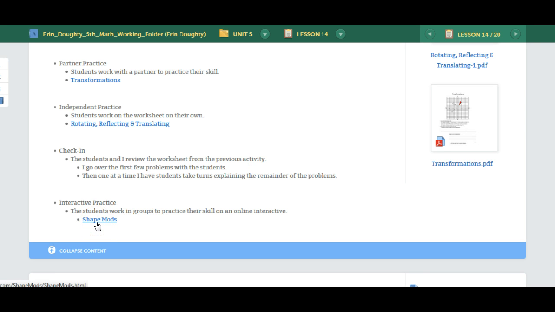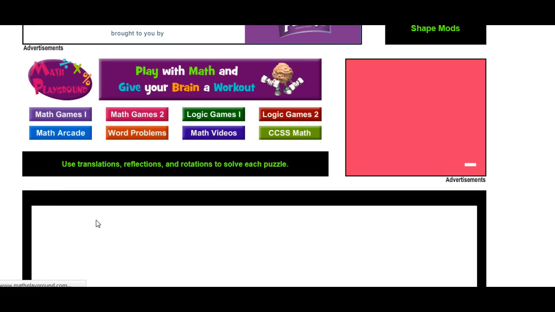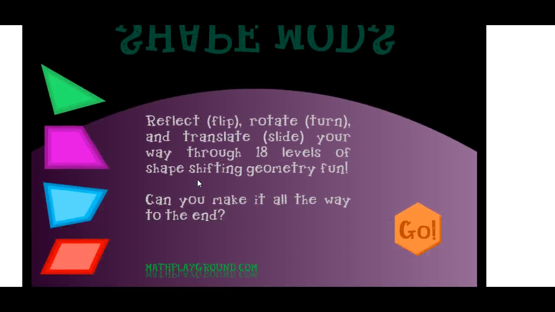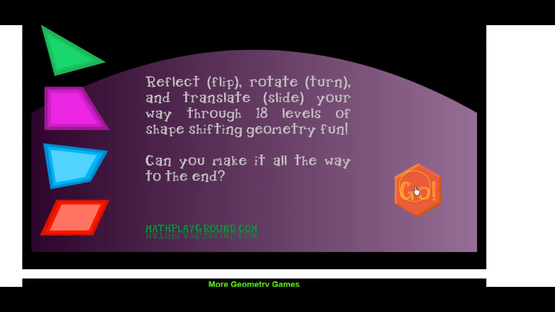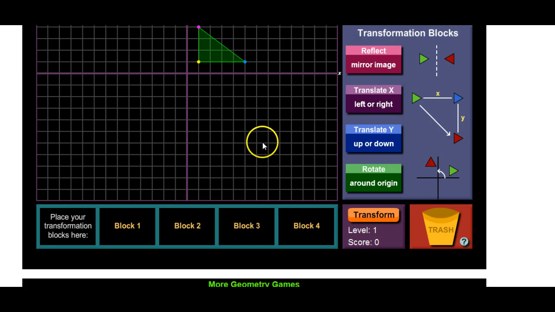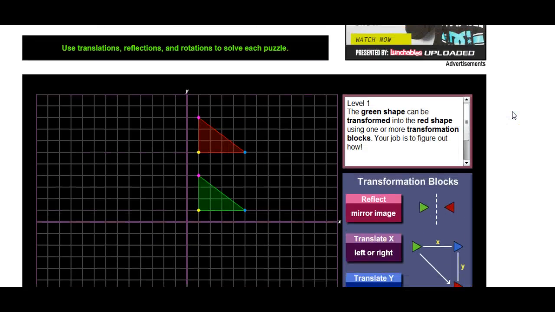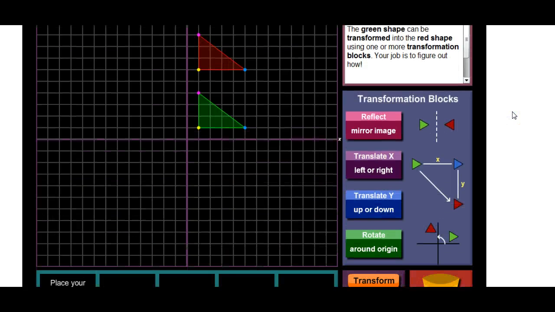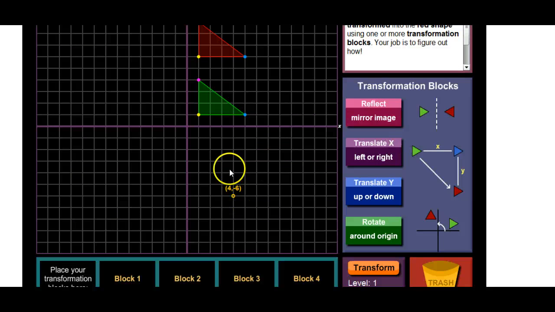The last part of this is their interactive practice, which I found an interactive called Shape Mods, and the students have to figure out what happened to the shape.